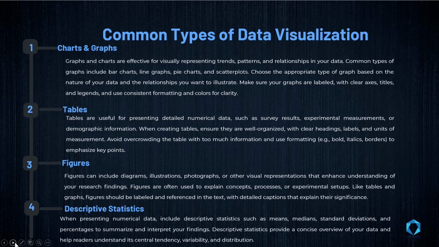Some common types of graphs include bar charts, line graphs, pie charts, and scatter plots. It is upon you to choose the most appropriate type of graph based on the nature of your data and the relationships you want to illustrate.